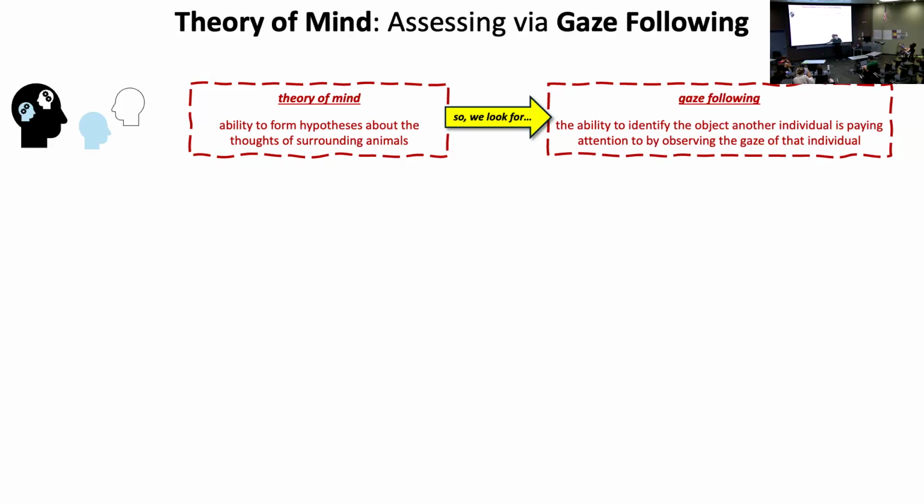So if my dog is standing there and I'm looking there, and I just keep looking there, I don't interact with the dog at all, and it then goes to the spot where I'm looking and checks it out, that might be an indication that the dog is saying, oh, I have a hypothesis about why he's looking there. He's looking there because there's something interesting there. Rather than me going to him, I'm going to the spot that is causing that behavior. That's what we call theory of mind.